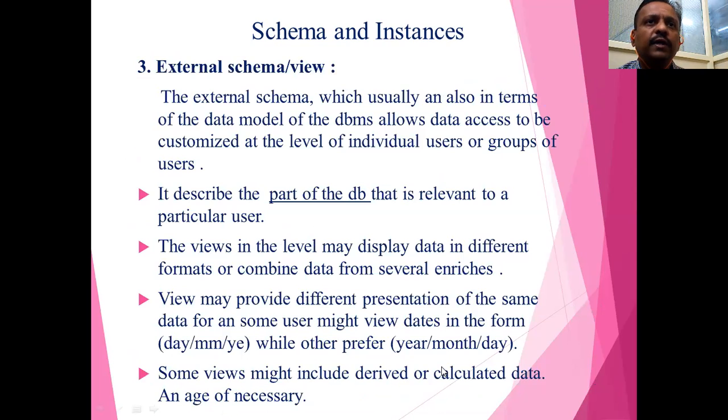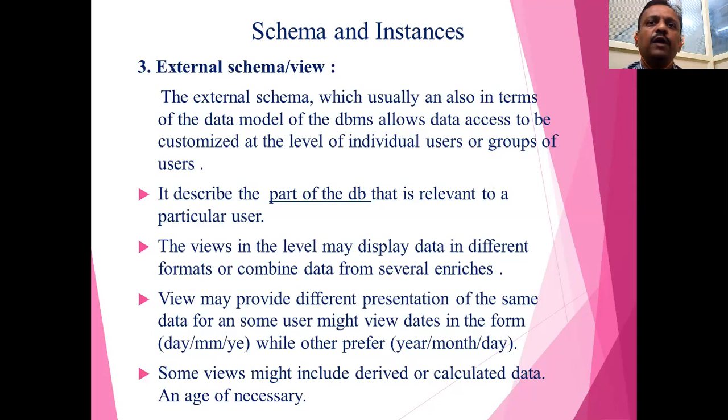And the third one is the external schema, or view. As we have discussed, the external schema, also in terms of the data model of the DBMS, allows data access to be customized at the level of individual users or a group of users. Means you have to create different users and give access to that schema or part of the schema at different levels of users.